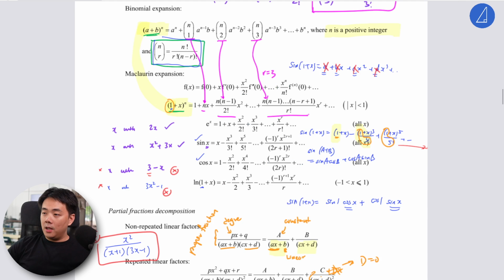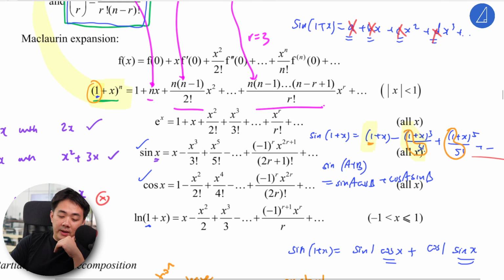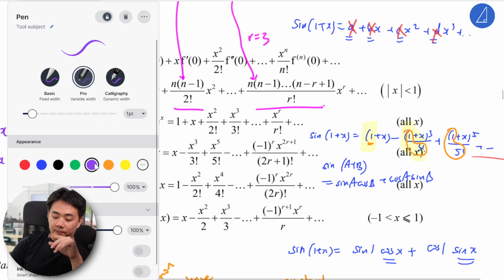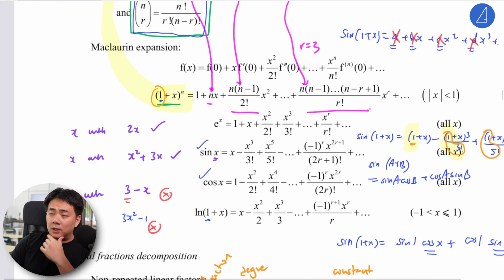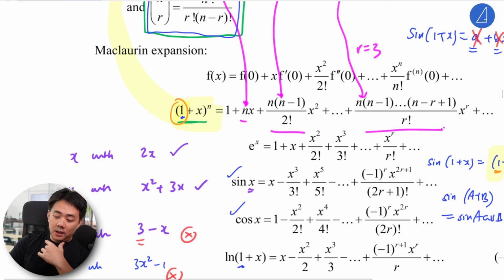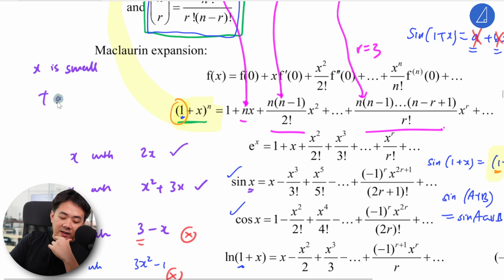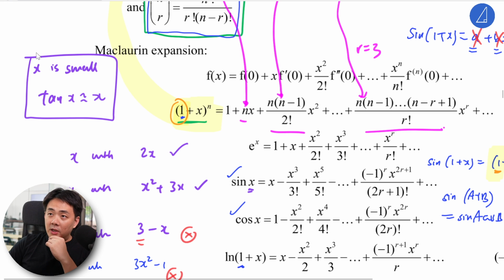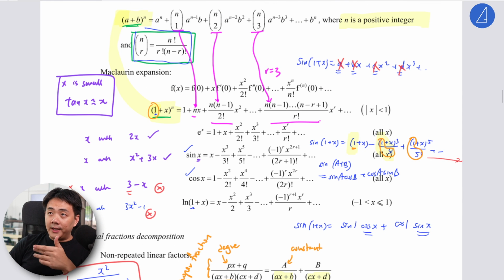We mentioned this in Maclaurin series before, in Saturday's lesson, that tangent x for when x is small is in your syllabus. Tangent x approximately equals x. You need to write this somewhere. I mentioned this before: if you want the Maclaurin series for tangent x, just remember tangent x equals x is stated in the H2 syllabus.